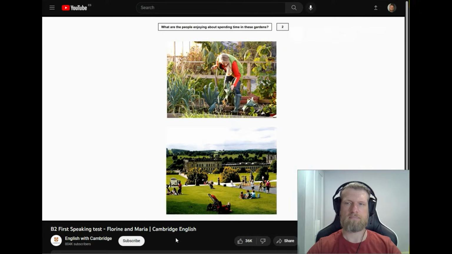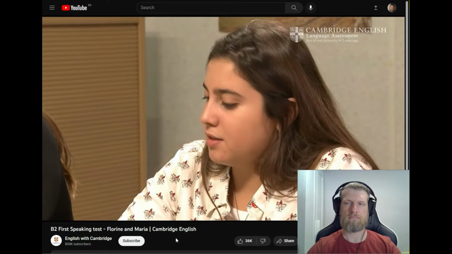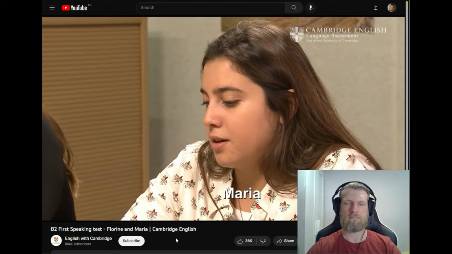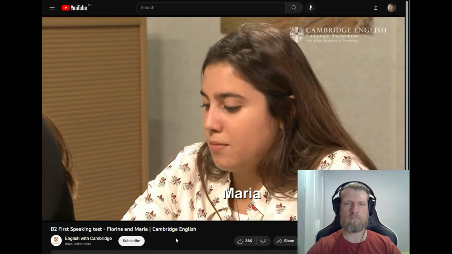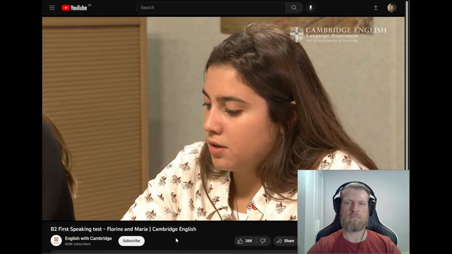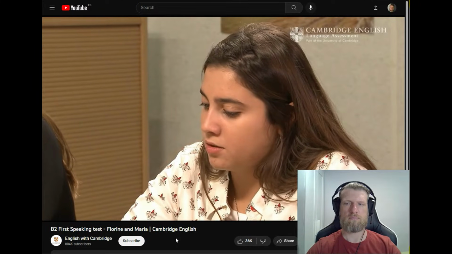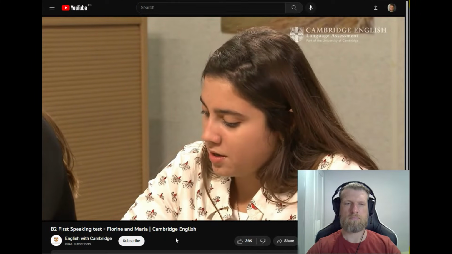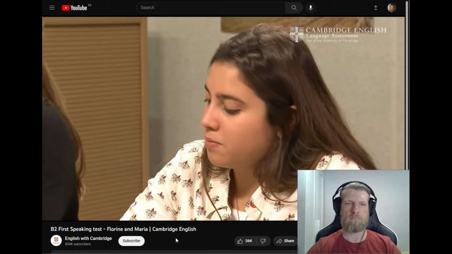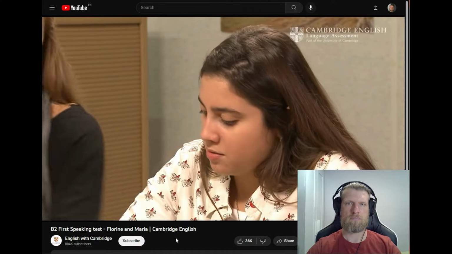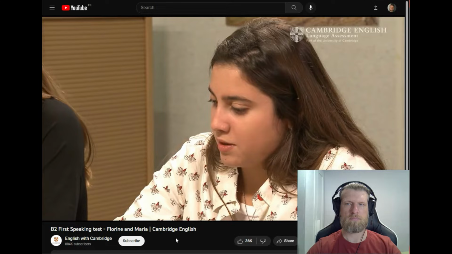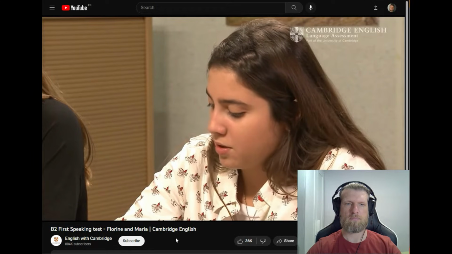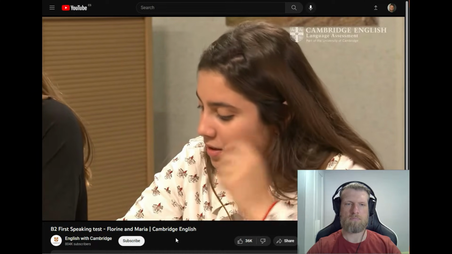Okay, I can see in the first picture a woman doing gardening maybe in his house, and the second one I can see in a beautiful park, maybe near London, and we are spending time with his family.